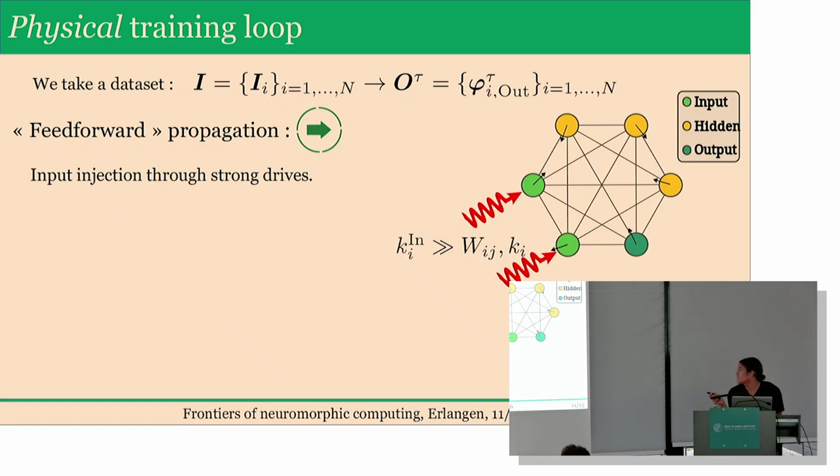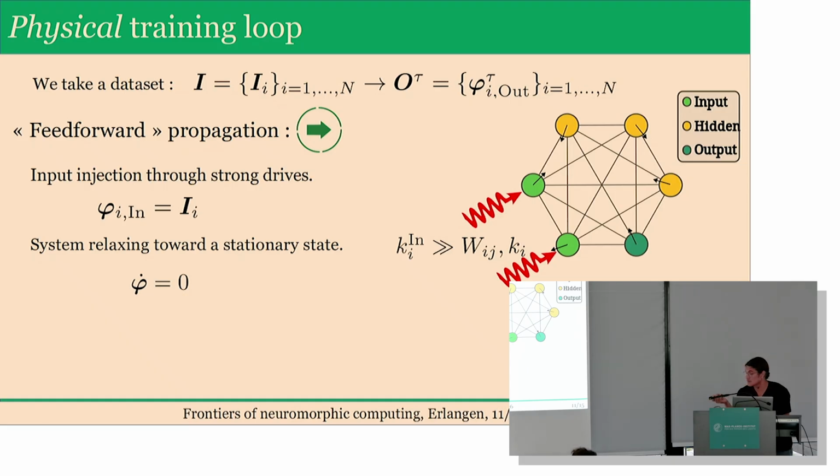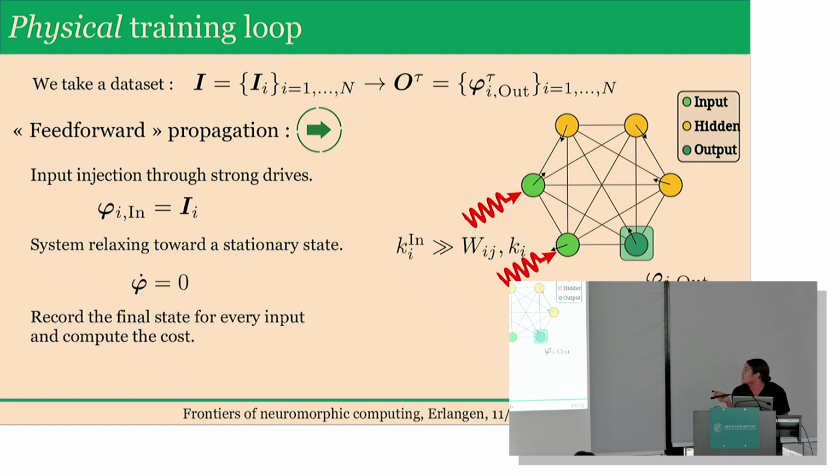This kills their dynamics because those nodes will be locked on the input. Then you just let your system evolve. Here comes the big advantage of using just dynamics for inference. Then you record the outputs, form the output vector, and compute your cost function.